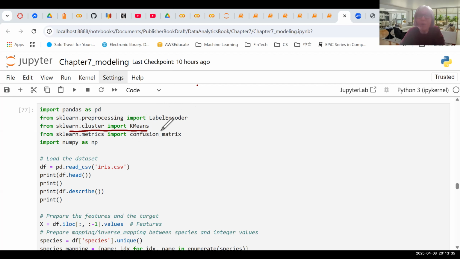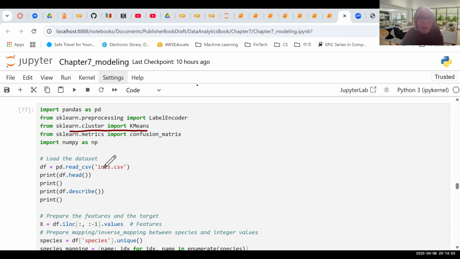But over here, we are also going to try to see how many samples are correctly put into the cluster they are supposed to be in, and how many are not put in the right cluster.